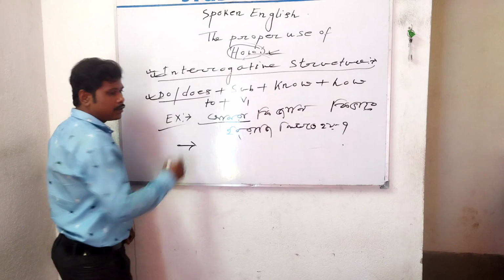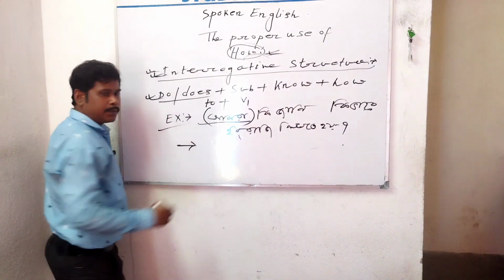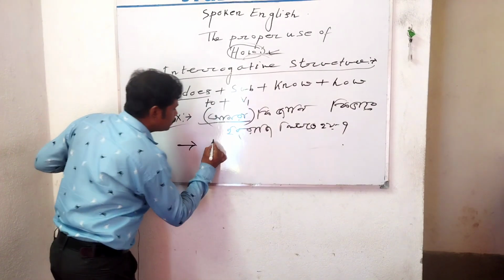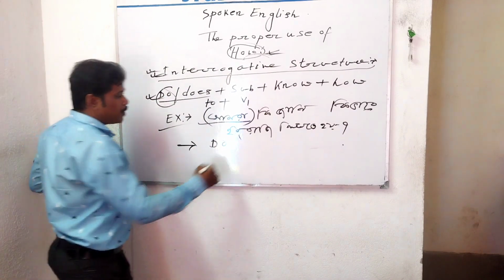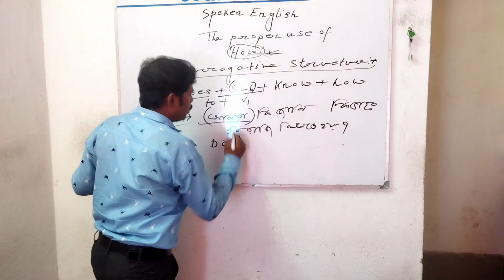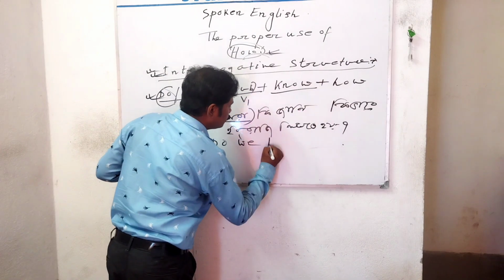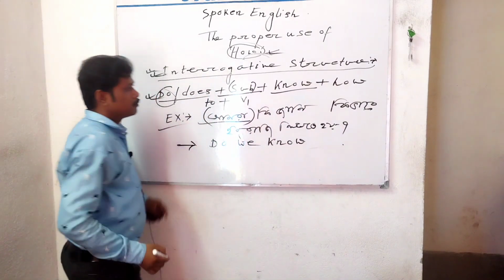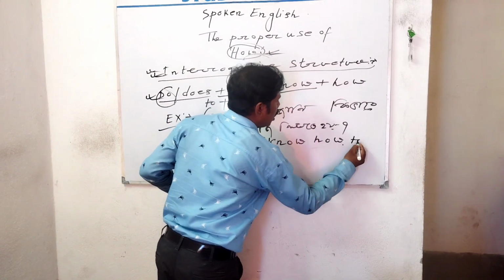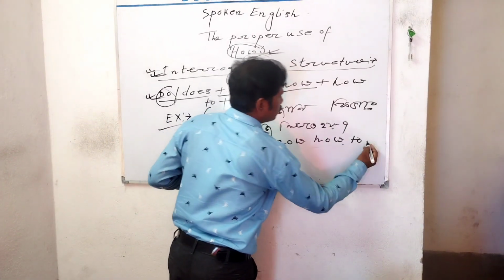Here the subject we means amra, first person, so we should use do plus subject we, and then know, then how to, then V1.